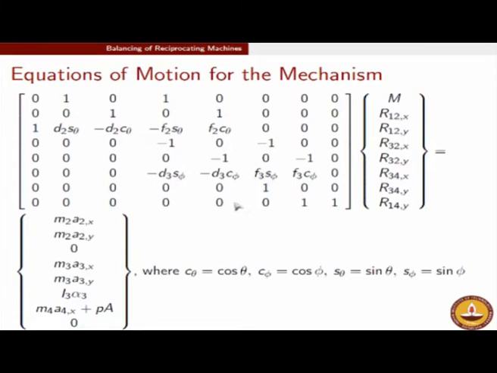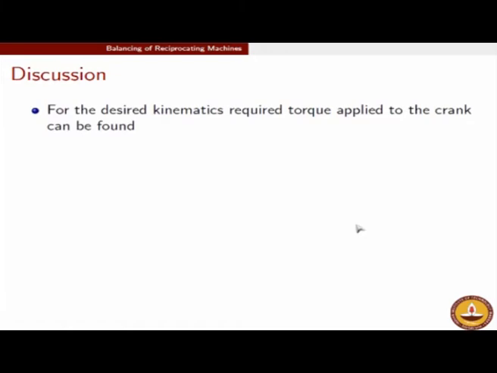In this case it was 8, but a simple routine application of Newton's laws of motion for each member will enable you to determine all these 8 equations, and when you solve these 8 equations in a computational environment, you should be able to find out everything about this mechanism in terms of its forces.